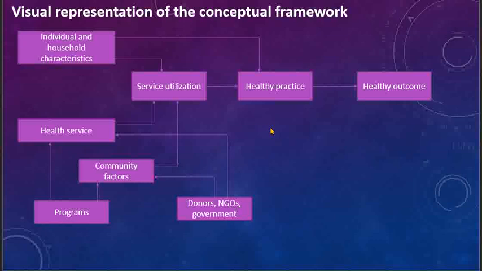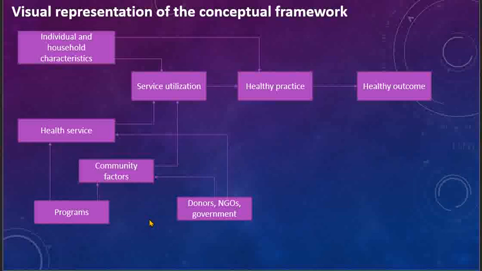Great. But again, apart from the donors and the program and the government, there will be community factors. What does that community think about this service? What is the belief of the community towards utilization? So the program will impact, together with the NGOs and the government, the community factors.